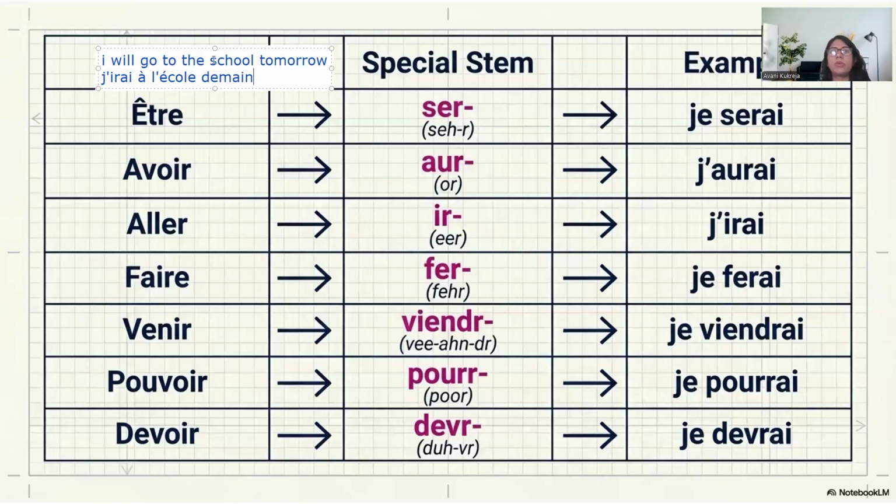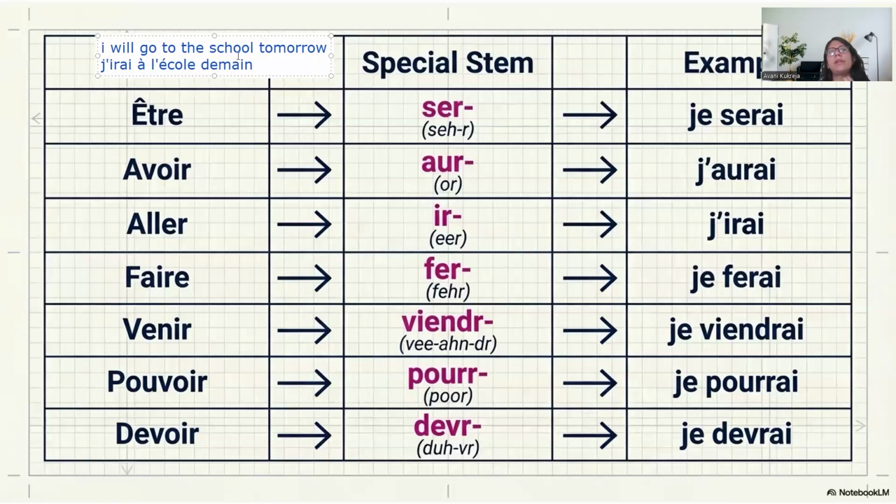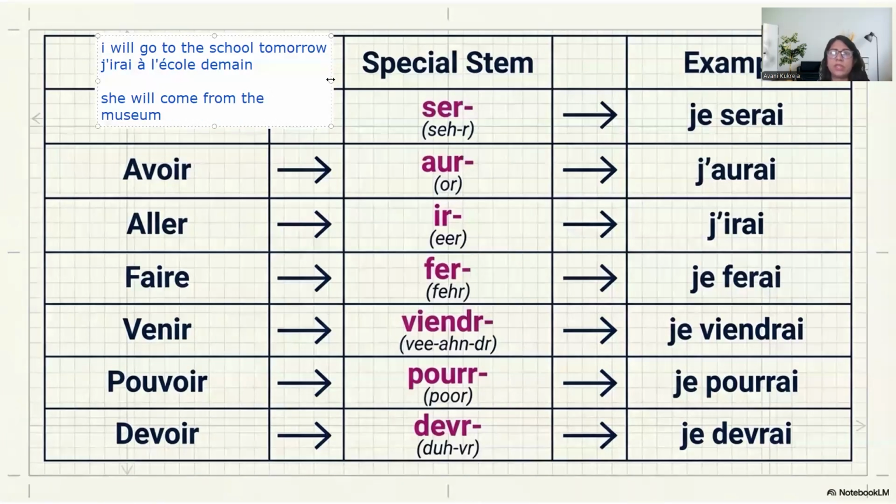Super. Okay. She will come from the museum. That's it. She will come from the museum.